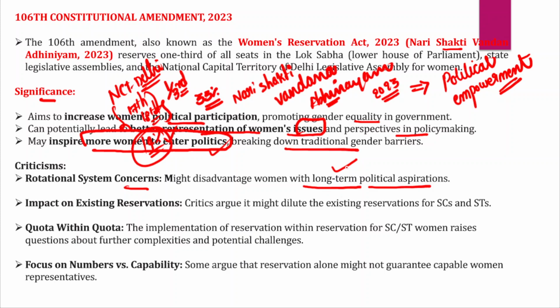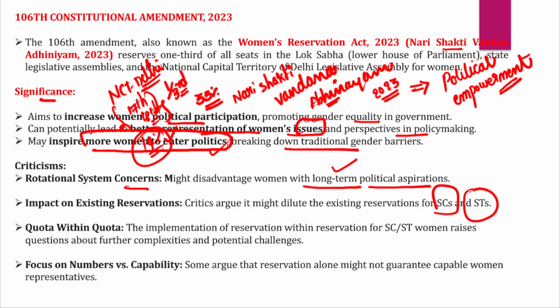In fact, it is expected that the Nari Shakti Vandan Adhiniyam will also impact the existing reservations, because it might dilute the existing reservation provided for the Scheduled Castes and Scheduled Tribes as per their population proportion.